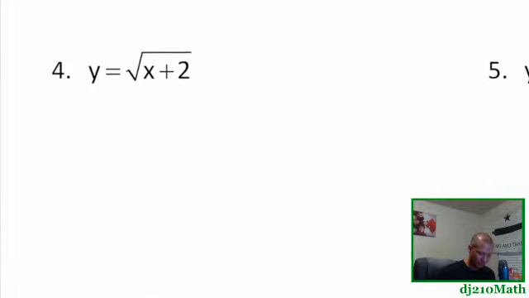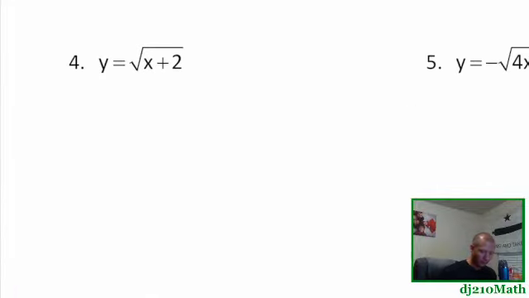All right, so number 4. We swap x and y. So x is equal to square root of y plus 2. To get to the y, it's trapped inside of the square root. So I have to square both sides.